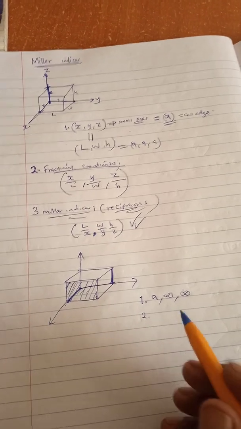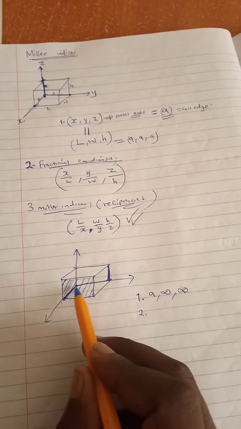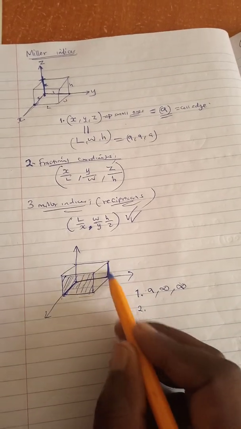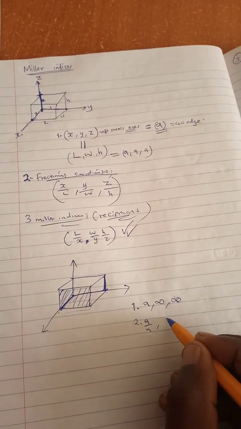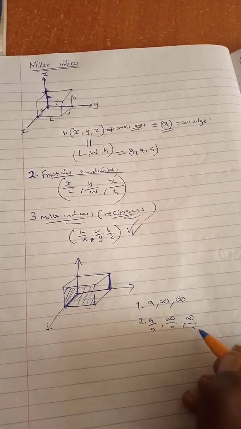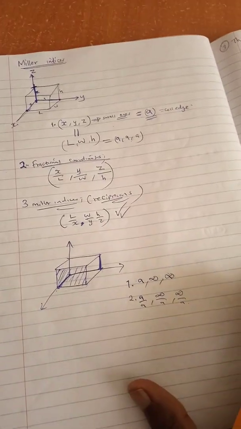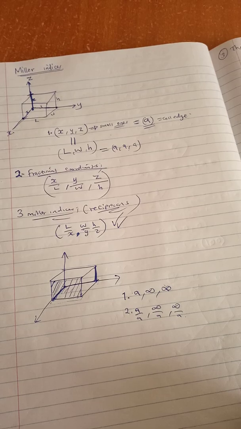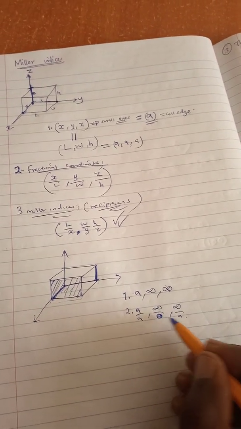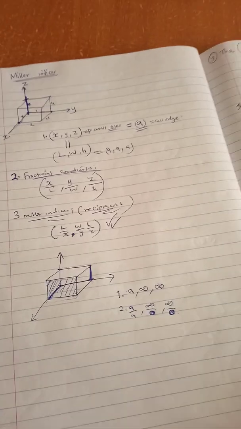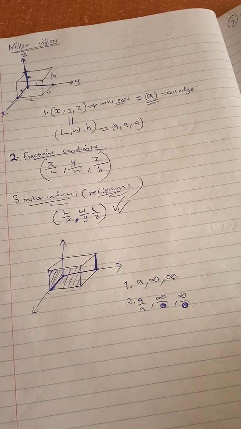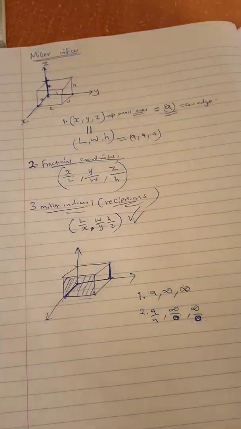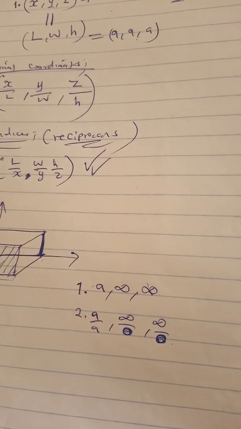Then the next step is the fractional coordinates: this distance over the length, width, height. They are all a because it's a cube, so we put a over a, then over infinity. Actually these are zeros, because there is no distance which has been moved there.